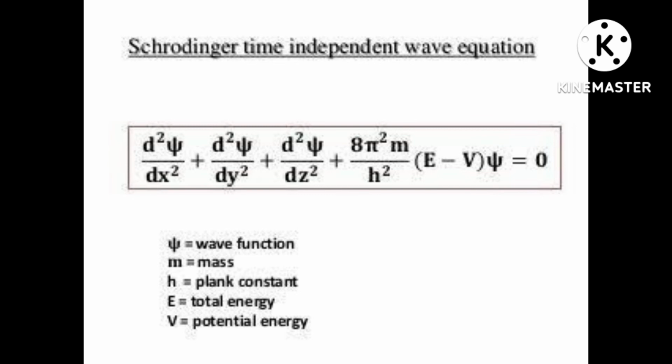Application of the Schrodinger equation to multi-electron atoms presents a difficulty. The Schrodinger equation cannot be solved exactly for a multi-electron atom. This difficulty can be overcome by using approximate methods.